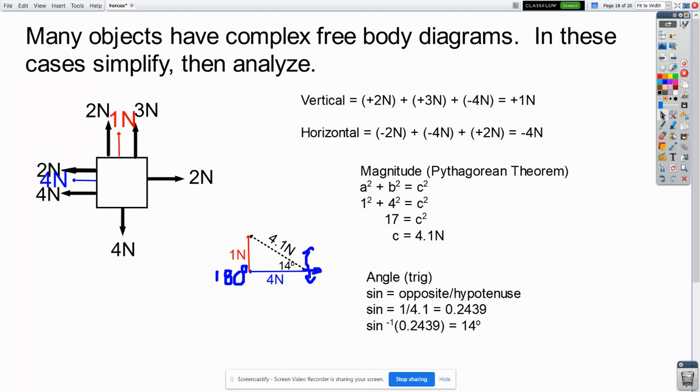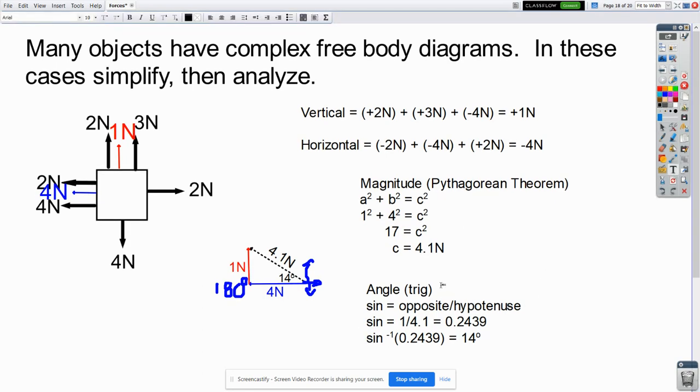So I do 180 minus 14 and I get 166 degrees. So depending on how you're being asked to do this, you may be good enough saying 4.1 newtons at 14 degrees, or you may have to give it as a standard angle and say that it's 4.1 newtons at 166 degrees. And we want to make sure we know exactly which direction that's going.